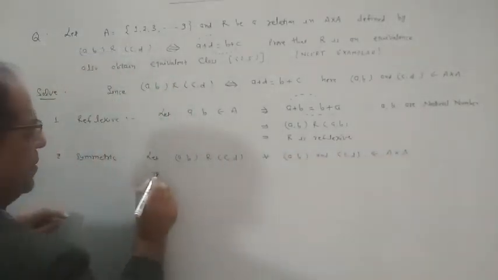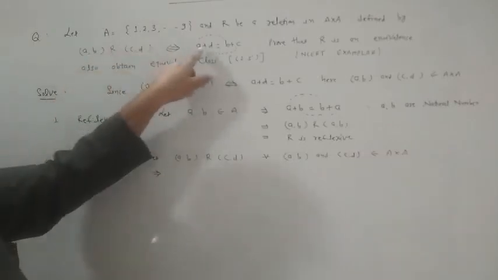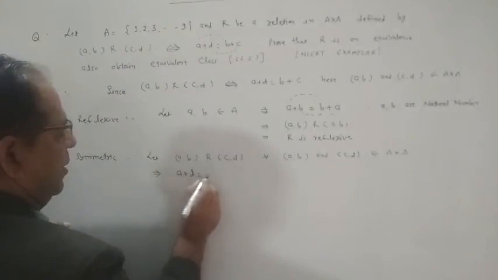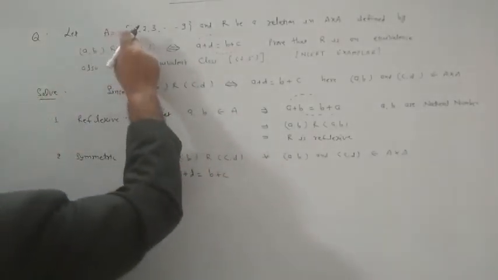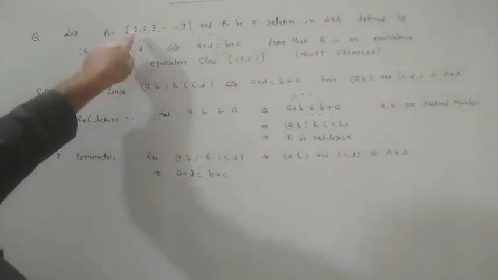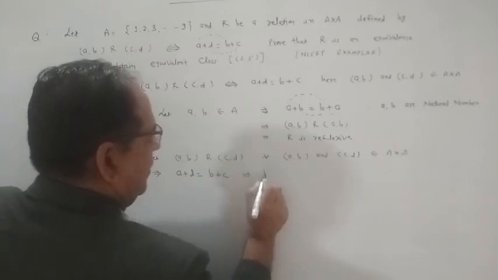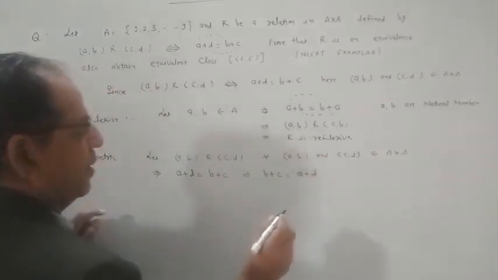This implies that by this definition, a plus d equal to b plus c. These are natural numbers because set A contains the elements from 1 to 9. This implies that b plus c equal to a plus d.